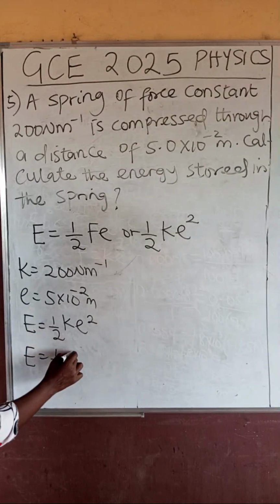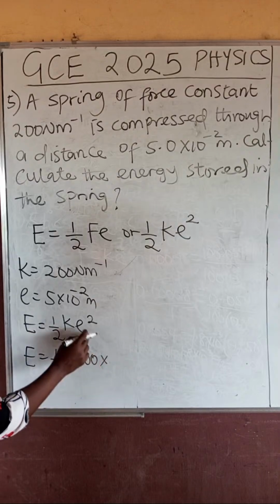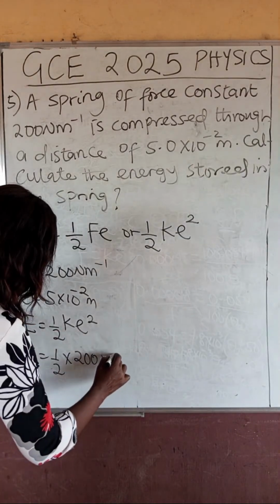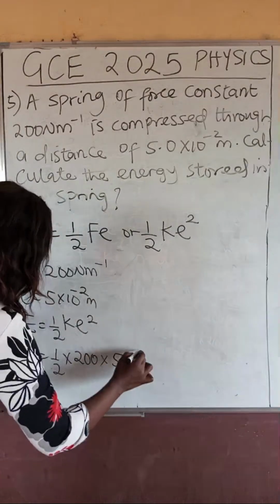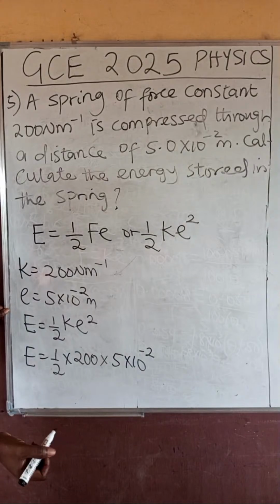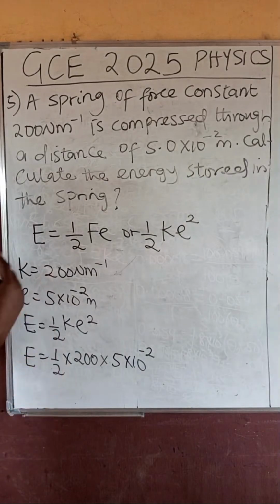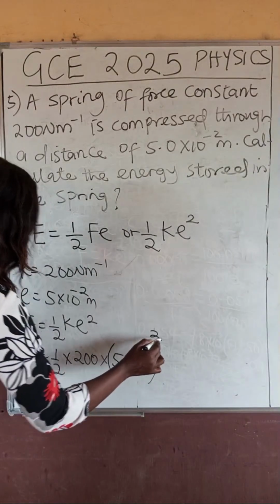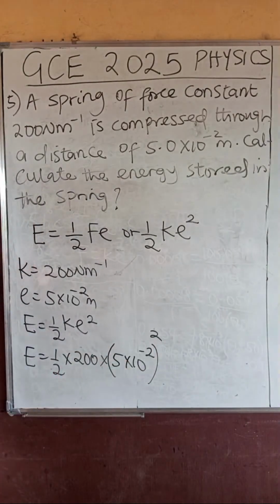What is my K? My K is 200. What is my e? My e is 5 times 10 raised to power minus 2. Remember, it is squared. Squared is the same thing as saying multiply it twice, but I can just say all squared. Is that okay?